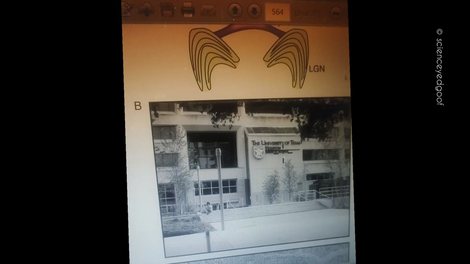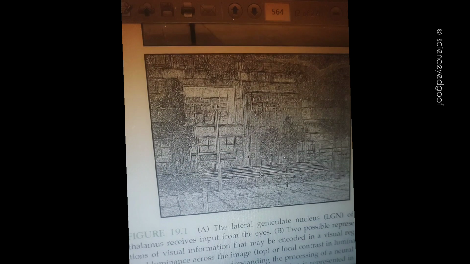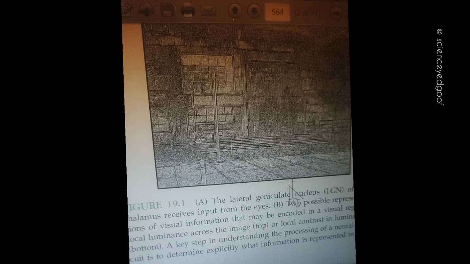For example, this is normally how you look at a building, a point distribution of the luminance. Or you can also visualize the image based on the contrast, like the local contrast of the luminance. So those are the two possible representations of visual information here: one is the luminance across the image, or the local contrast of the luminance.